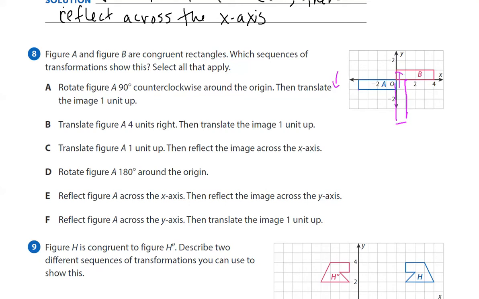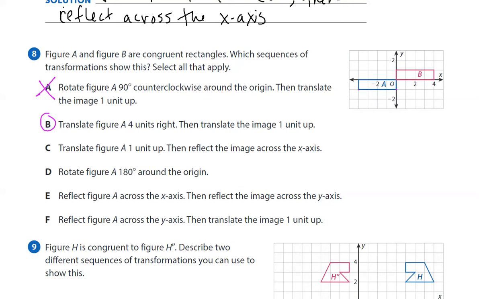Well, no, that's not close. No. Translate figure A 4 units to the right. 1, 2, 3, 4. There we go. Then up one. Yep, that one works. That'll do.